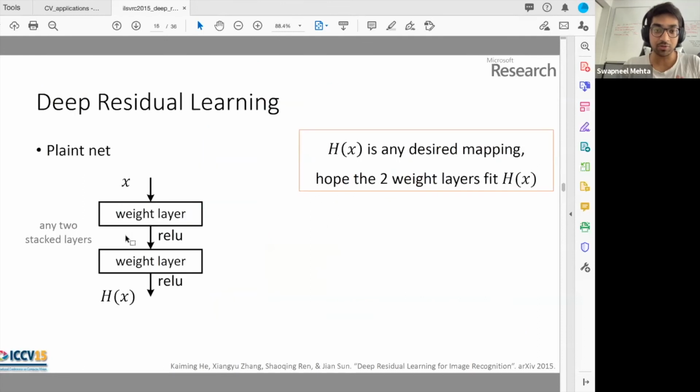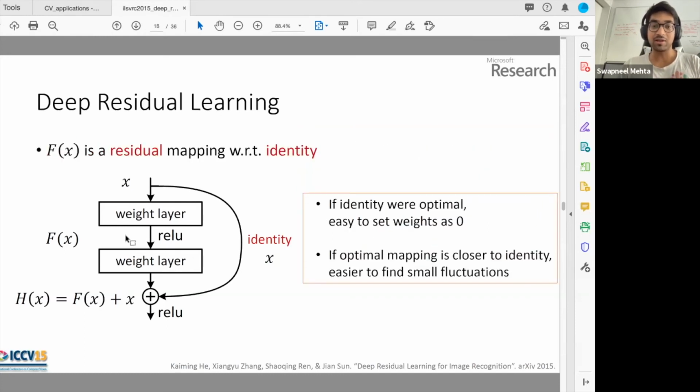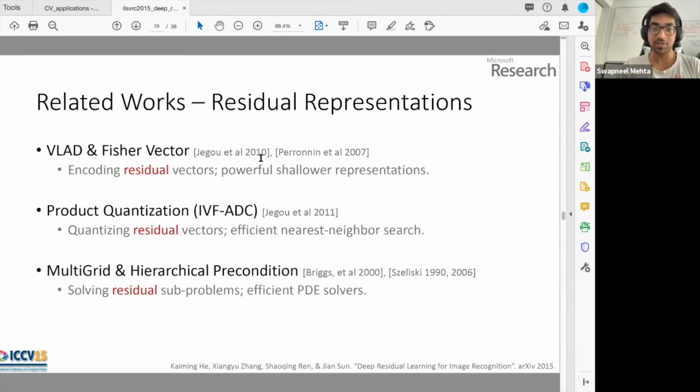But for now, you follow that this is the simplest idea that allows you to still capture the shallower network, even in deeper networks. And so this is called a residual mapping with respect to identity. I don't think I have anything more to say. With that, they showed that this was actually done with a bunch of other things also. So there are already people solving residual subproblems.